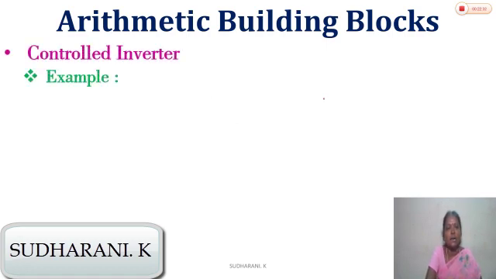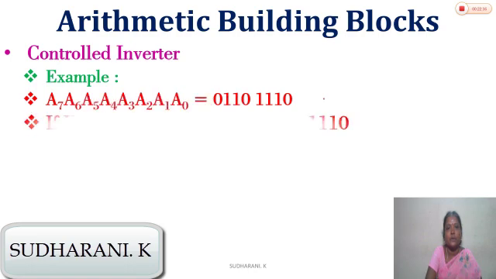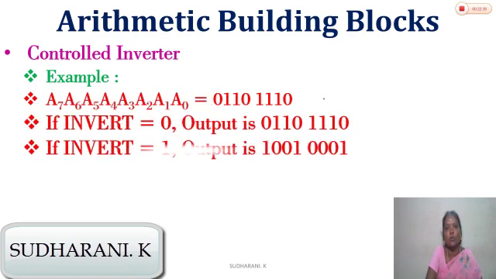Let us consider an example. If the input is 0, 1, 1, 0, 1, 1, 1, 0 and the control signal invert is equal to 0, then the output will be, as I already said, the input available at the output with no change. So output will be 0, 1, 1, 0, 1, 1, 1, 0. If the invert signal is 1, then the output will be the ones complement of the input.